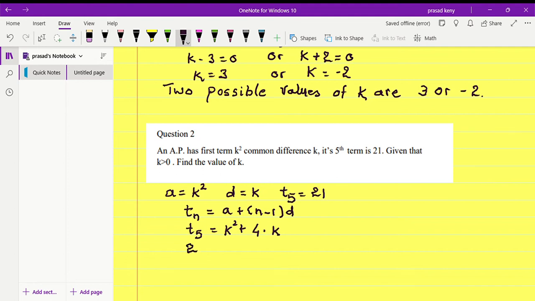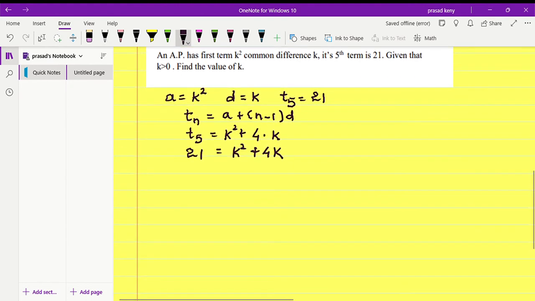So 21 is equal to k square plus 4k. So this I can write in standard quadratic form as k square plus 4k minus 21 equal to 0.